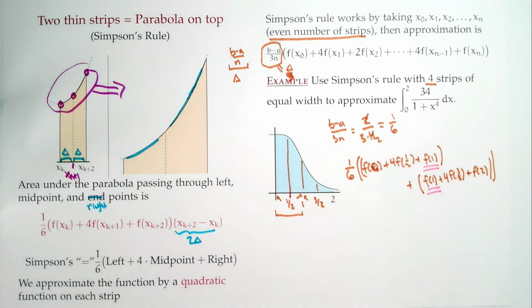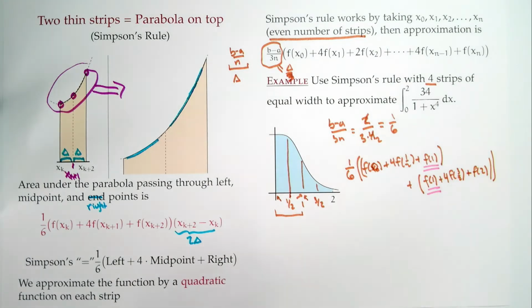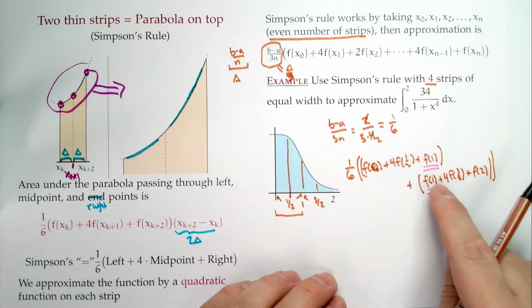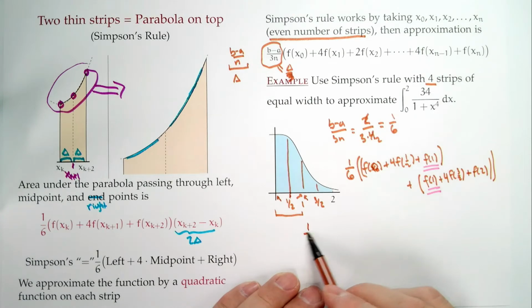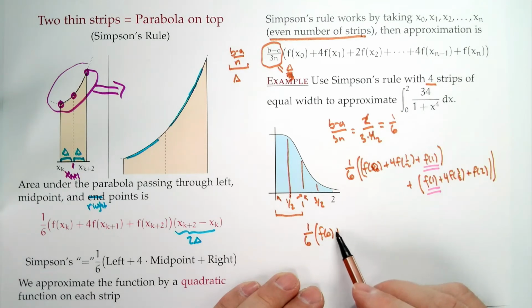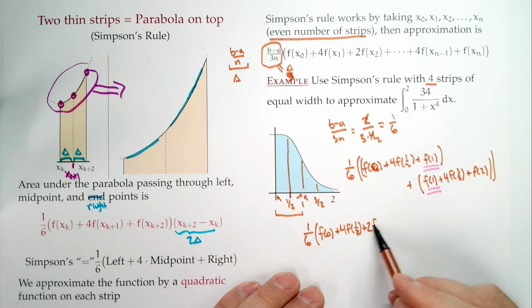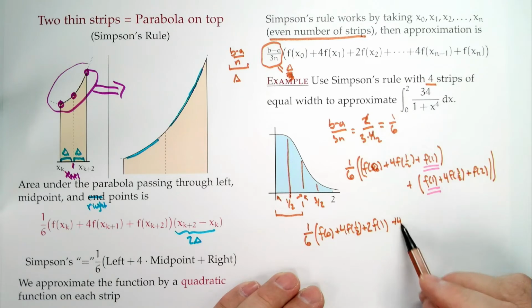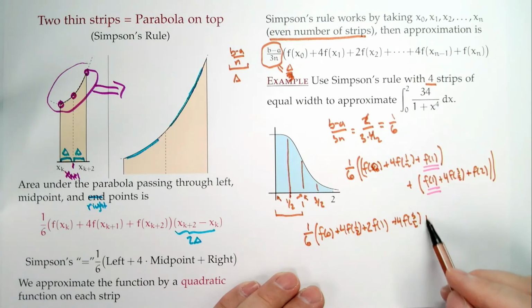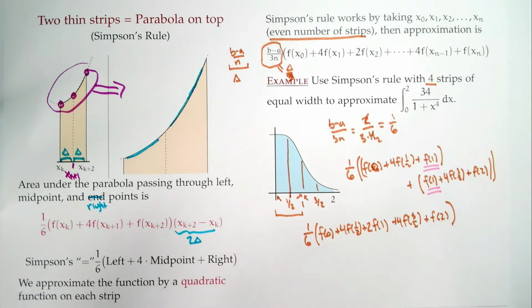Namely, that when we look at 2 consecutive pairs, they combine together. So what we really end up with is 1/6 times f of 0 plus 4f of 1/2 plus 2f of 1 plus 4f of 3/2 plus f of 2. Figure out what that is.